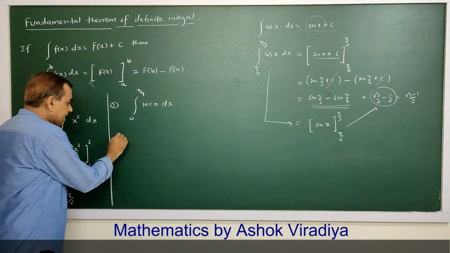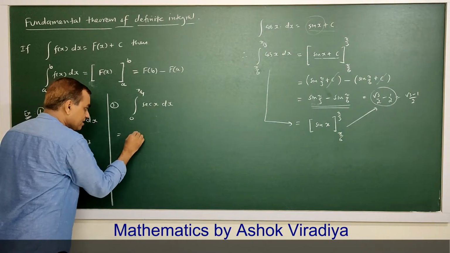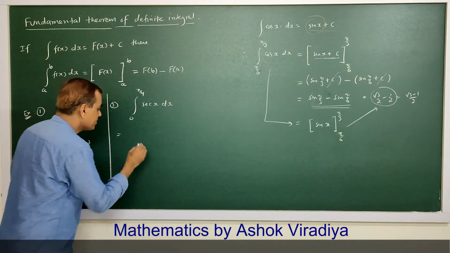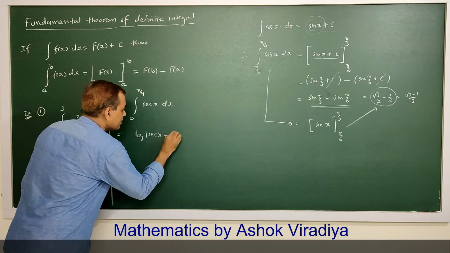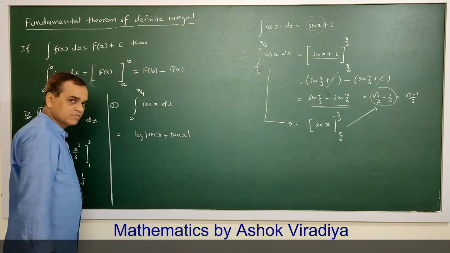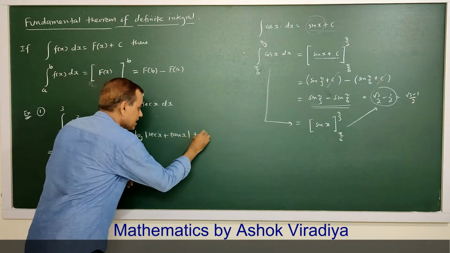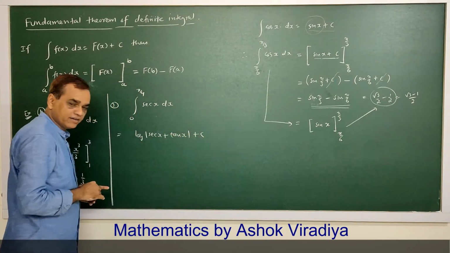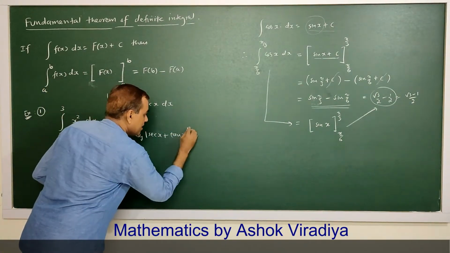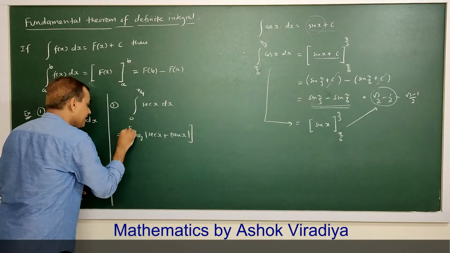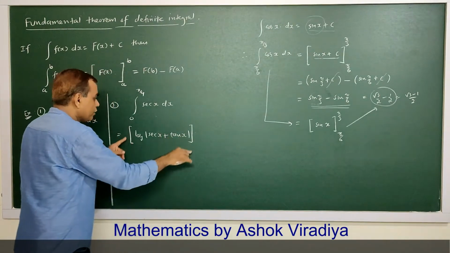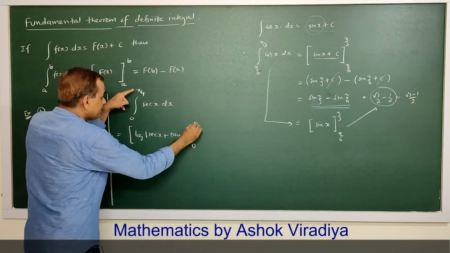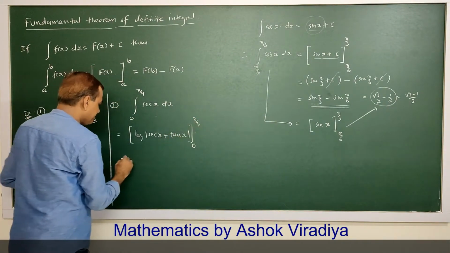Now, the indefinite integral of sec x is log mod sec x plus tan x plus c. This is the indefinite integral, but don't put c. When finding a definite integral, keep the value without c in the rectangular box, with the lower limit and the upper limit.